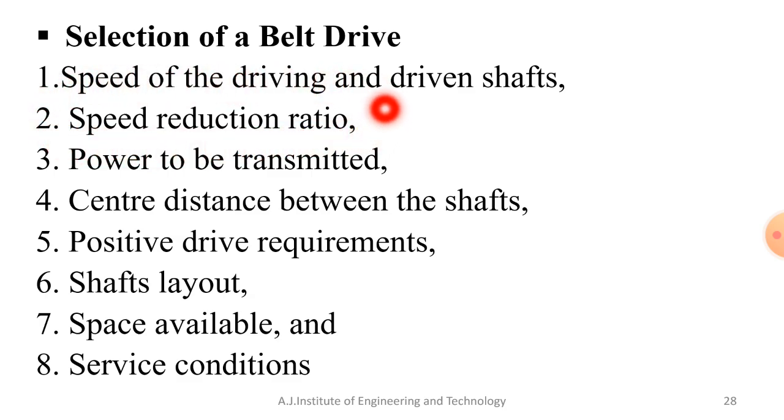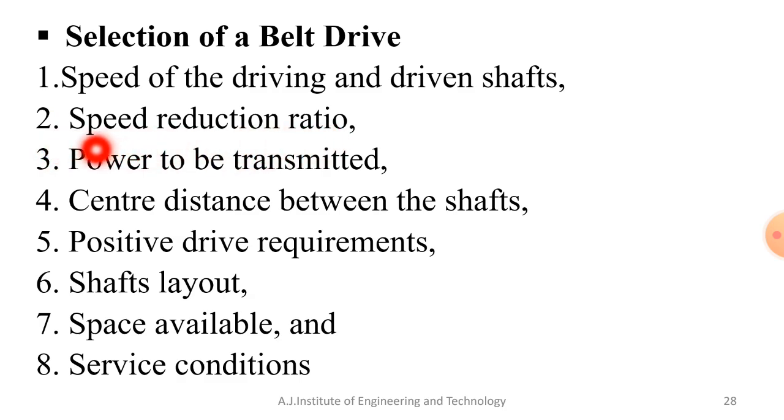Usually this is the driving speed divided by the driven speed, so N1 divided by N2. N1 means the driving speed, or speed of rotation of the driver, and the driven speed is also called the follower speed, that is, the speed of rotation of the follower, driven pulley or driven shaft.